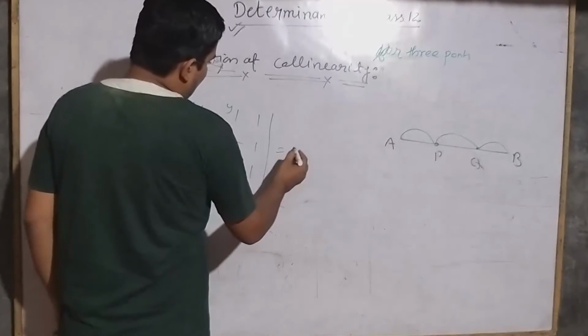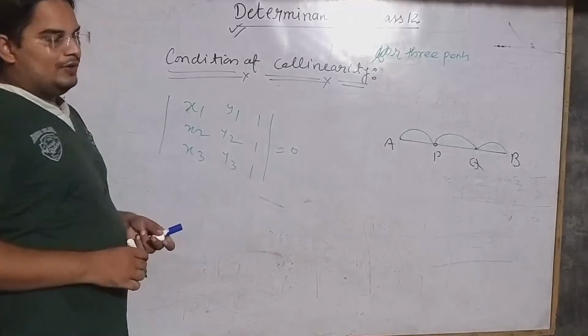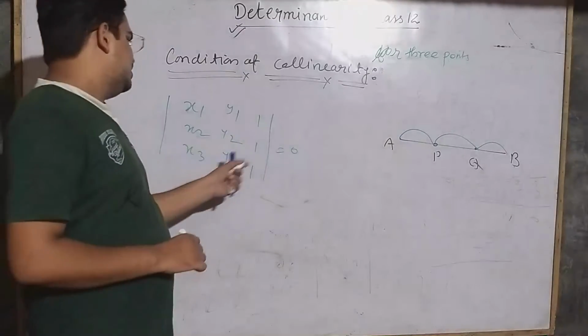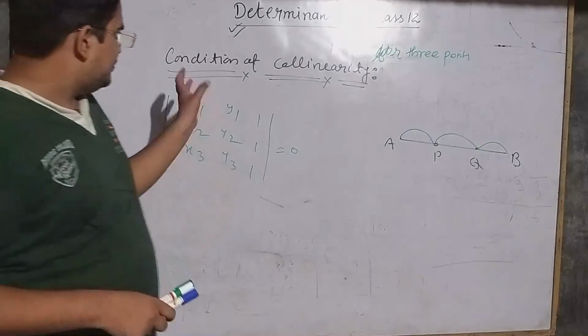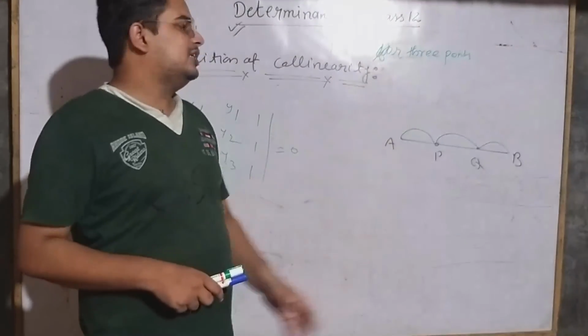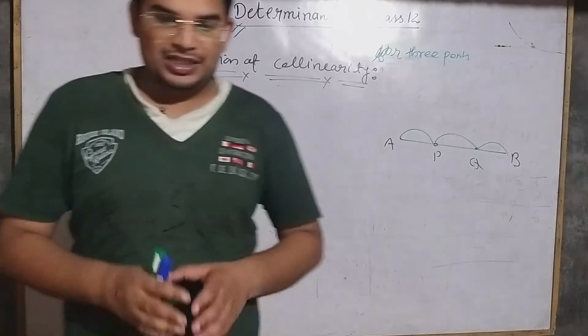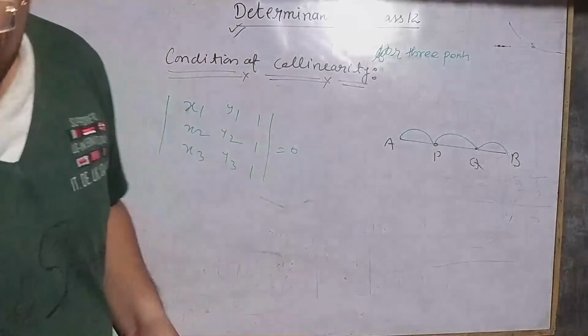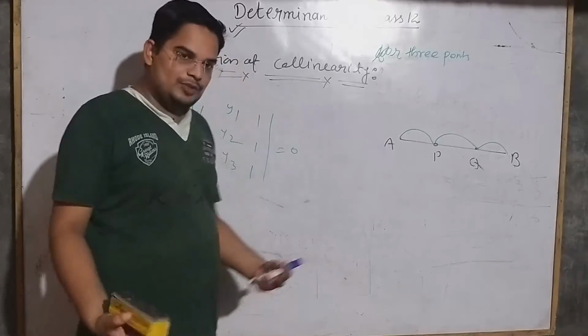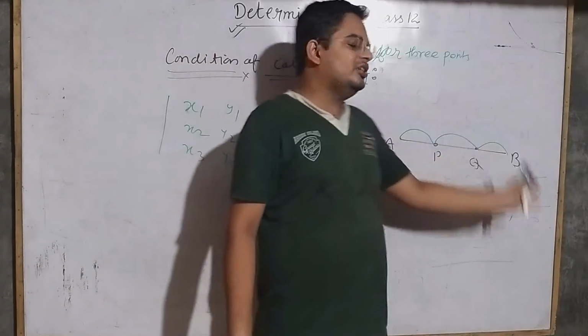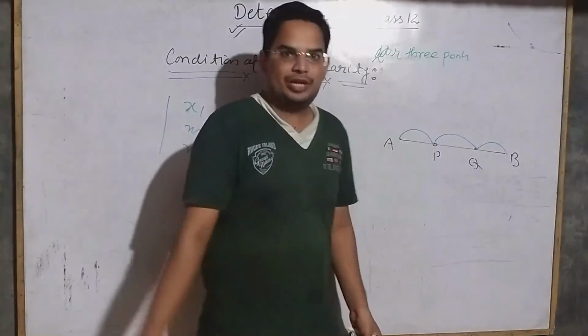If the value of this determinant, x1 y1 1, x2 y2 1, x3 y3 1, is equal to 0, then you can say this is a condition of collinearity. You can say all the points are collinear, then you are not having the triangle. Okay, are you getting my point, everyone? At that time you are not having the triangle, because if all the points are collinear, then you will get a line, not the triangle. Okay, are you getting my point?